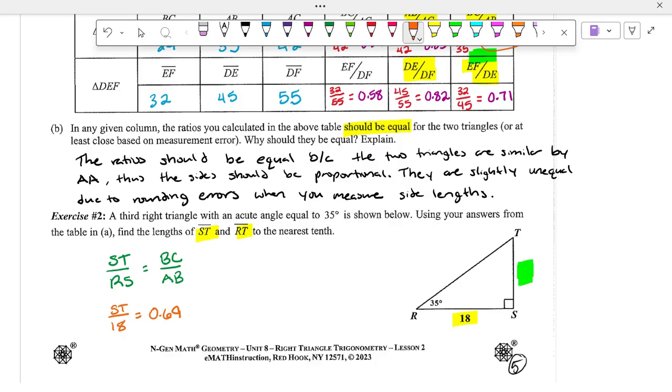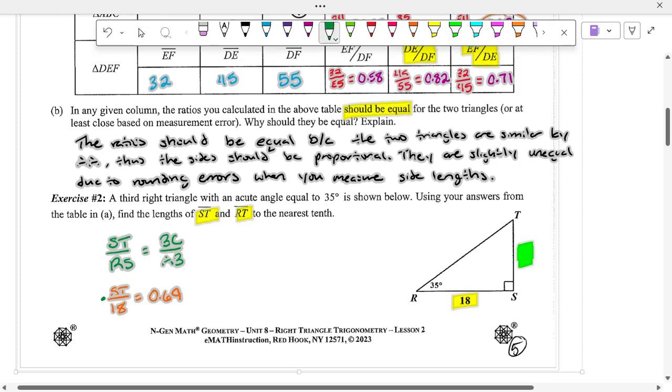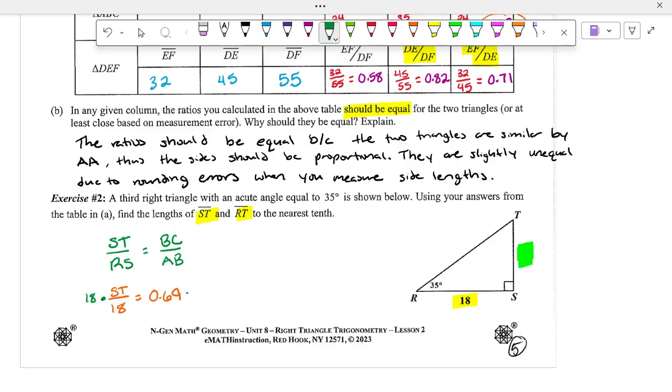You could either cross multiply, or the shortcut would be just multiply both sides by 18. All right, so we want to get rid of that denominator. We can multiply both sides by 18. You could have also cross multiplied, got the same thing. It doesn't matter. So ST would be equal to what? To the nearest tenth. 12 point what? 4. All right, so we're saying ST is about 12.4.